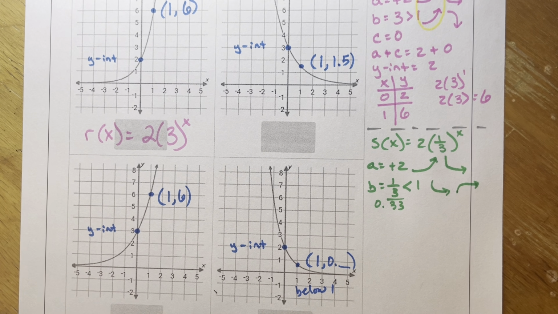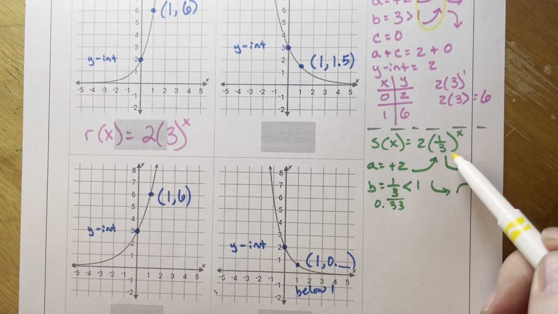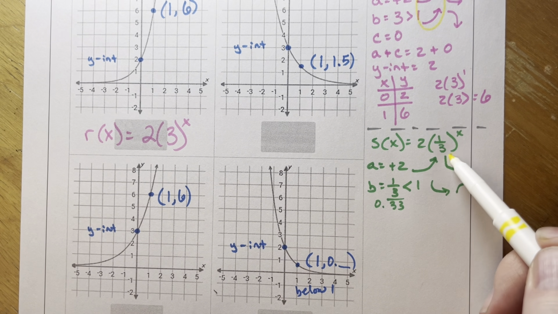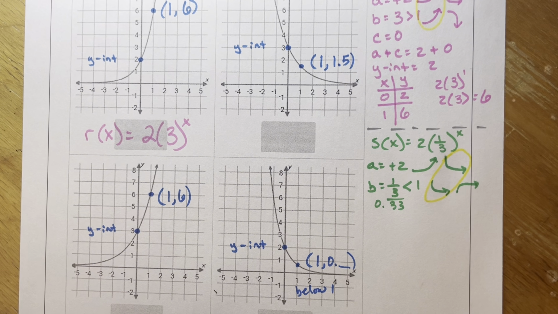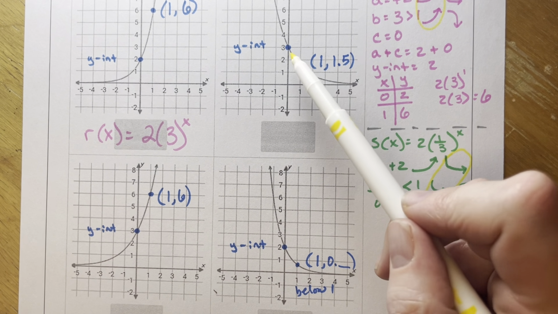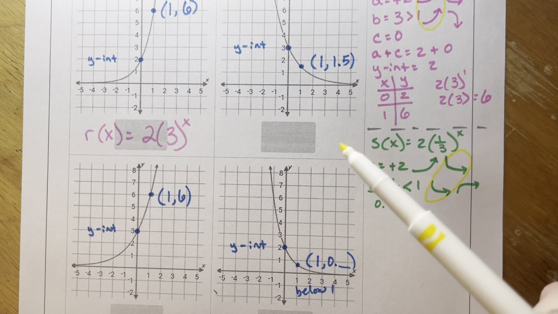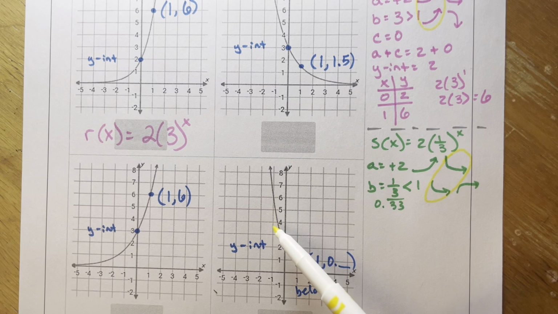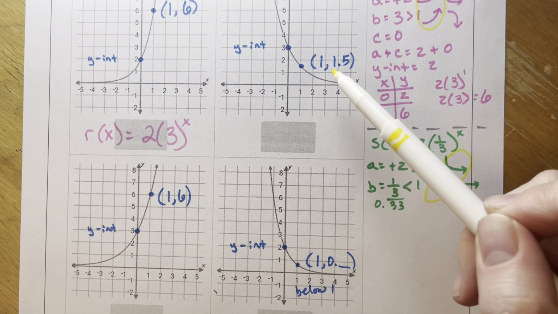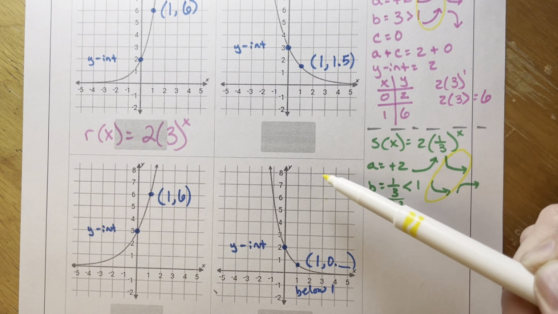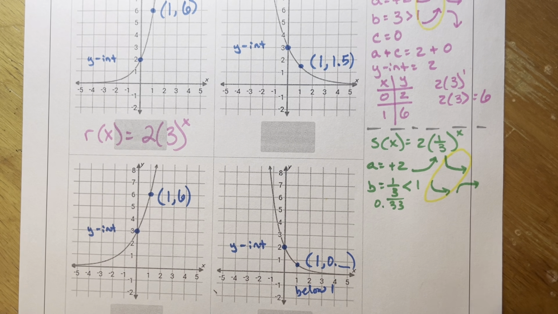So we see here that the two graph styles, A and B, both have this down and to the right, flattening out in common. That's really helpful because here is my second graph, down and to the right, flattening out, and my fourth graph, down and to the right, flattening out. So it should be one of these two graph options that we choose.